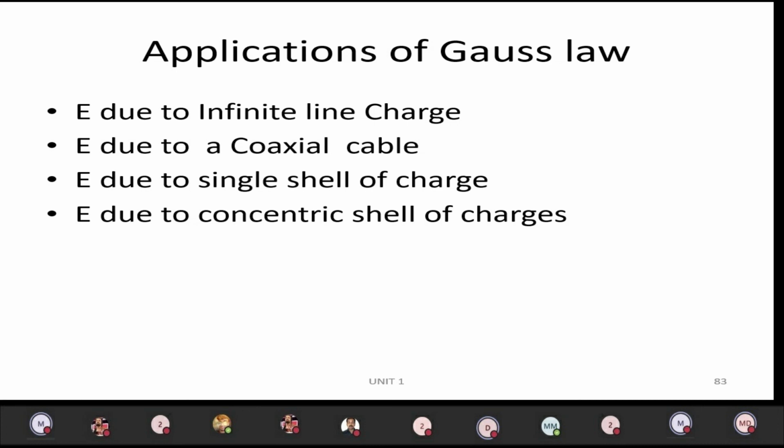And the surface integral of flux density is nothing but the charge.